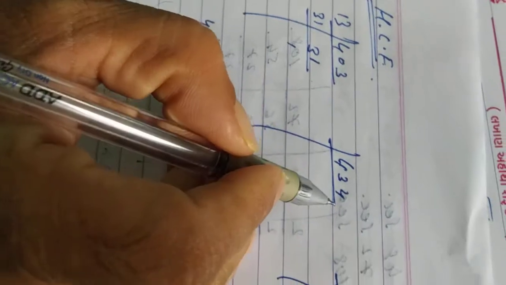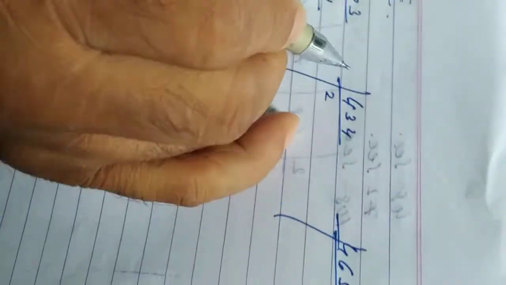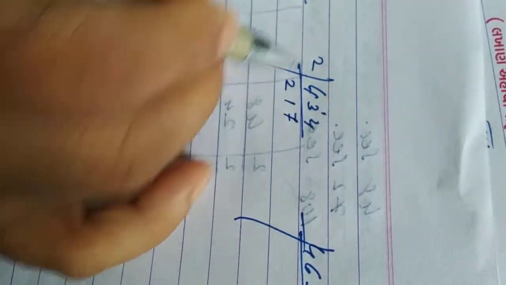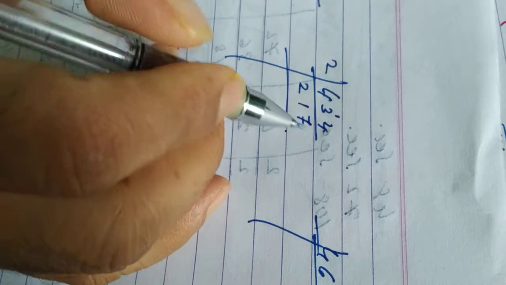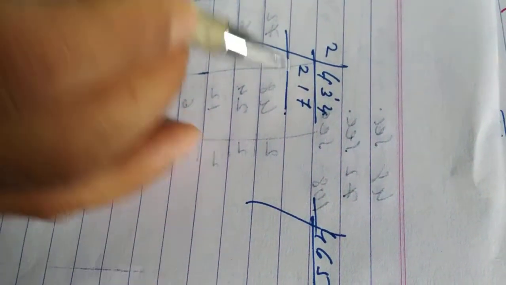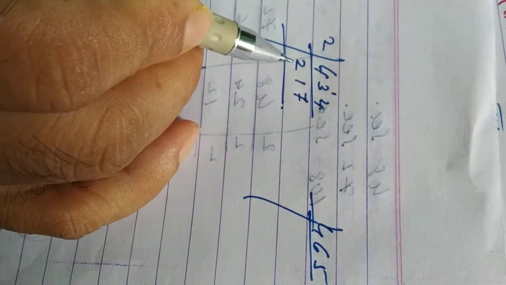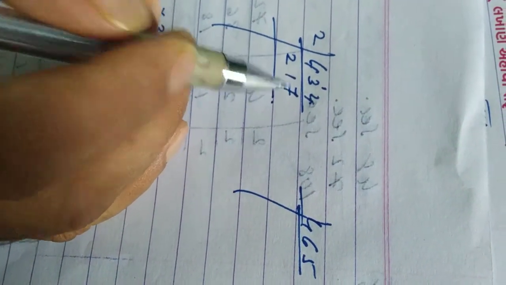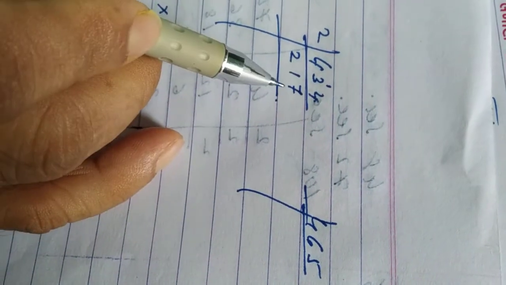Now 434 can be divided by 2. 2 twos are 4, 2 1s are 2, 2 7s are 14, right? So we got the number 217. It cannot be divided by 2. Let's try with 3. 2 plus 1 plus 7 is 10, so cannot be divided by 3. Cannot be divided by 5.